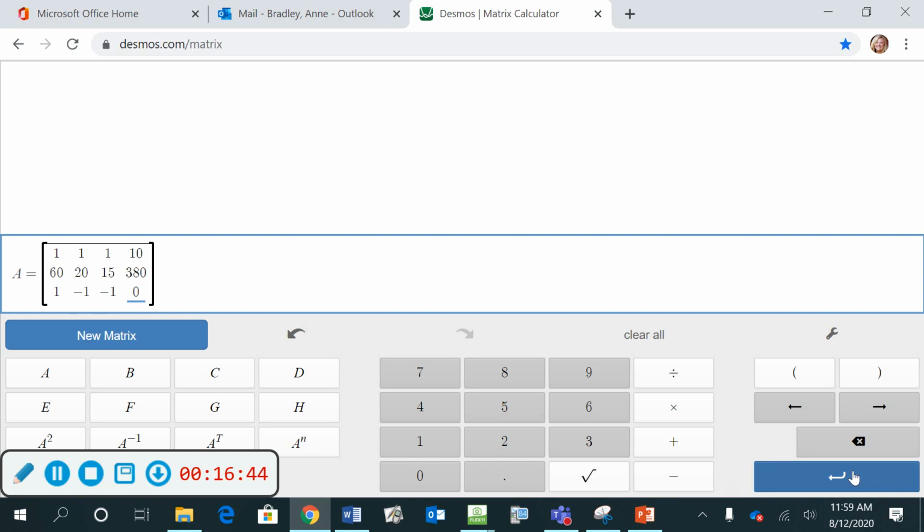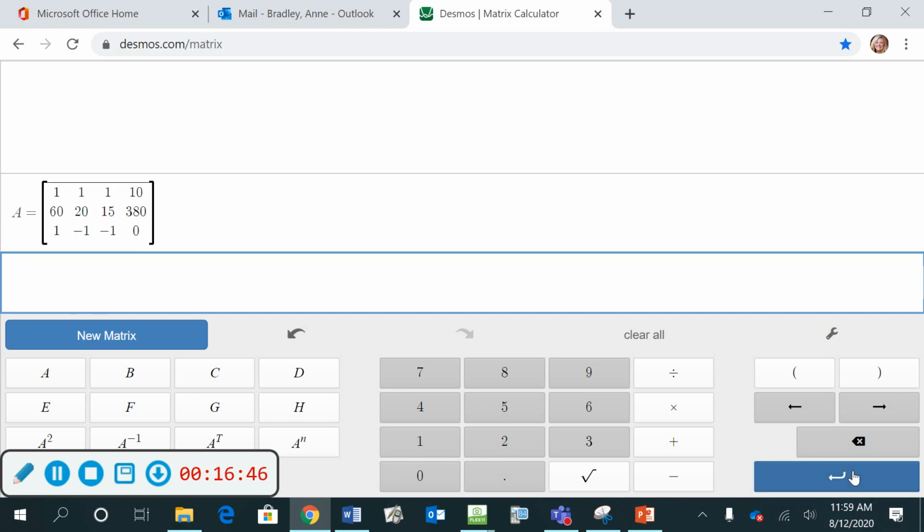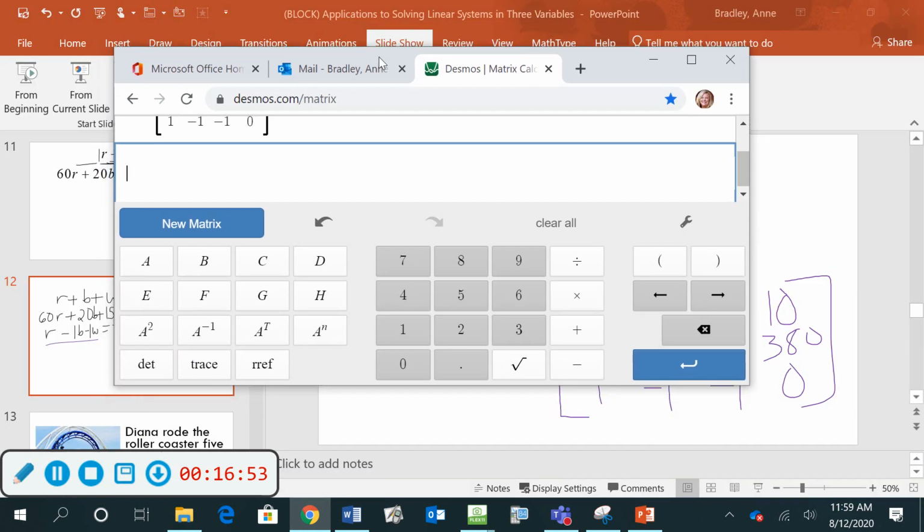And I come down to the bottom right to press enter. So I've programmed in that particular matrix, and I can't see it well. Let's see if I'm able to make this a little bit smaller so we're still able to work with it.